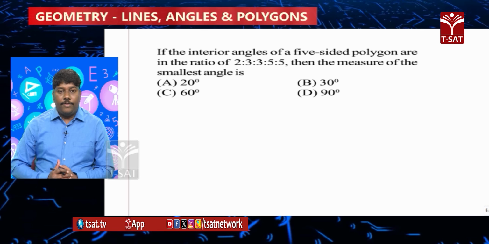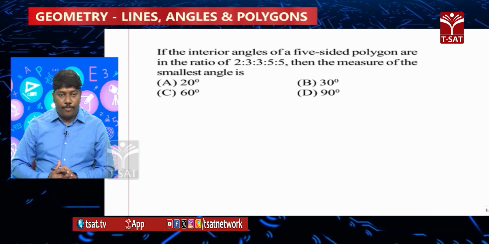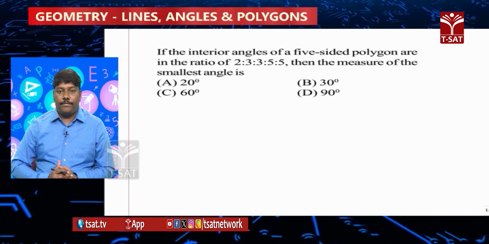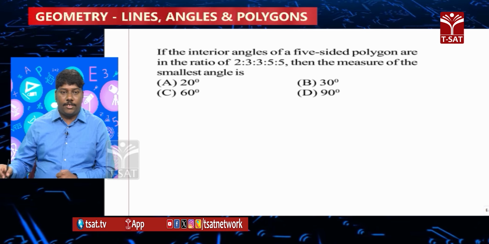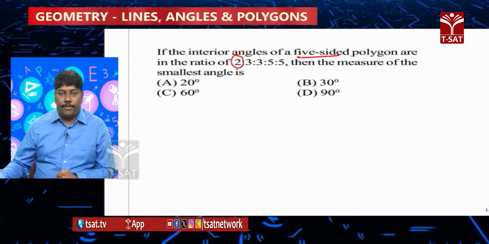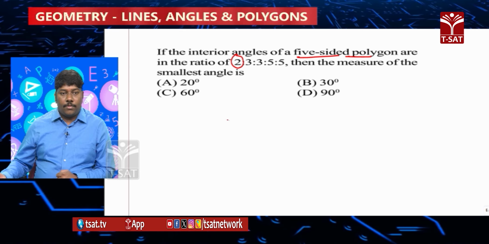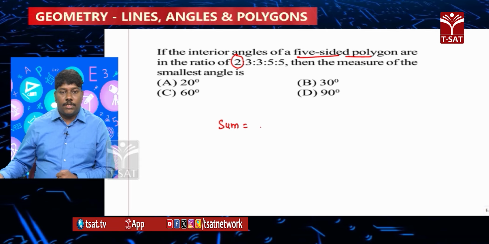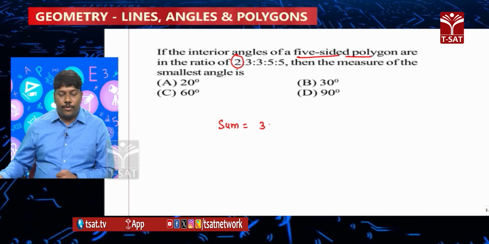If the interior angles of a 5-sided polygon are in the ratio 2:3:3:5:5, then the measure of the smallest angle is. 5-sided polygon, sum is equal to, as we know, 3 into 180.